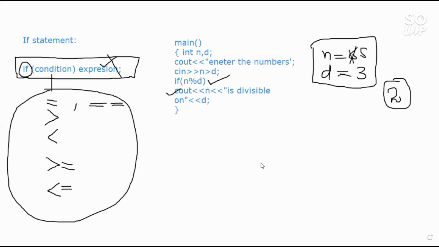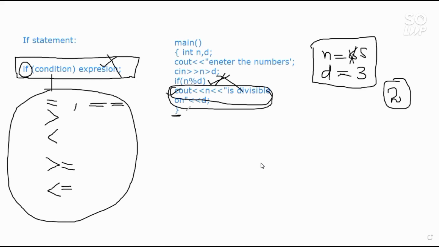You cannot divide it evenly, I mean, there will be a remainder. So this condition will be false, and this statement will not run. The control will come to the end, and you will see nothing.